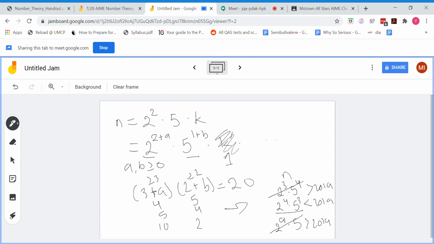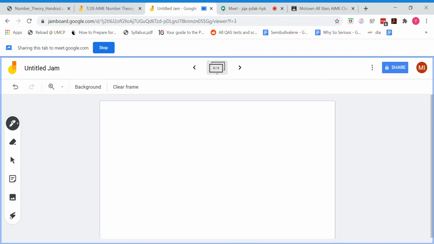Okay, so that was the first case, when there are no other prime factors. So what happens if there's exactly one other prime factor? So n equals 2 to the power of 2 plus a times 5 to the power of 1 plus b times p to the power of c. So in this case we have 3 plus a times 2 plus b times 1 plus c equals 20.